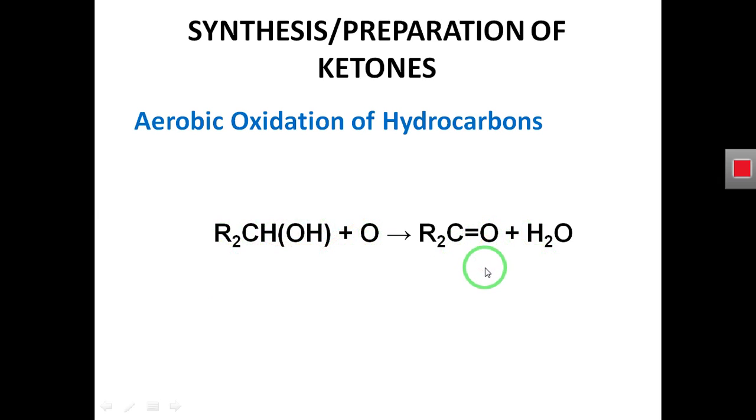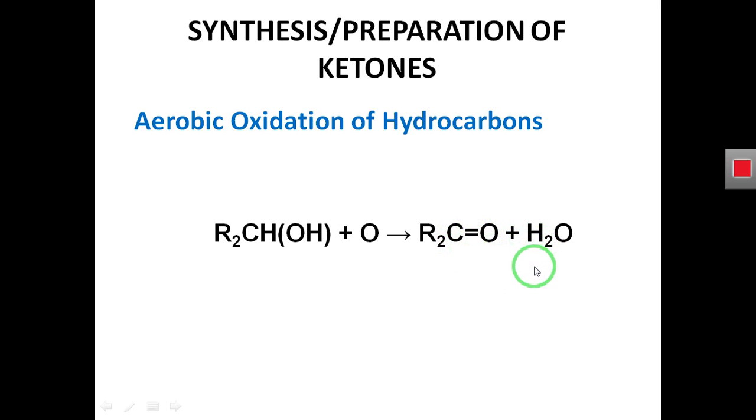I discussed in ketone part 1, in my lecture number 19, that ketones are organic molecules having a carbonyl group attached to two other hydrocarbon radicals. So when we add oxygen to a hydrocarbon, we get a product that is an organic molecule having a carbonyl group, that is a ketone, and water is also produced in this reaction.